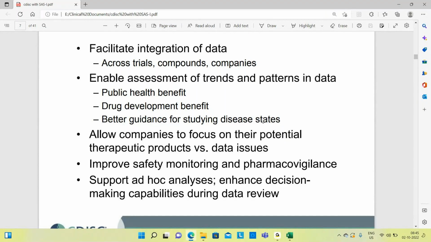Right. Next. You can see here, this is how it is. So, support ad hoc analysis. Suppose the FDA has reviewed your document and they have a new request. We are supposed to respond to this request in almost two or three days.